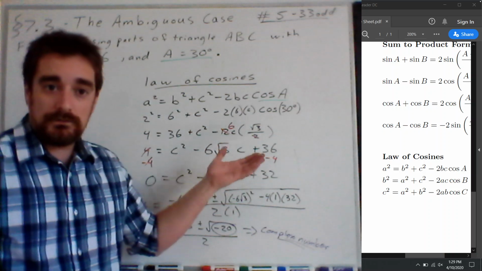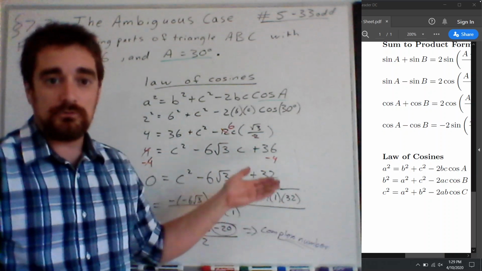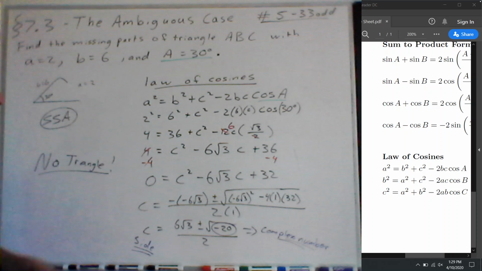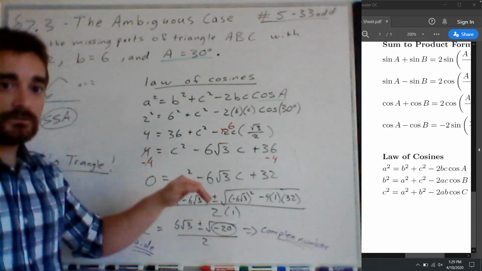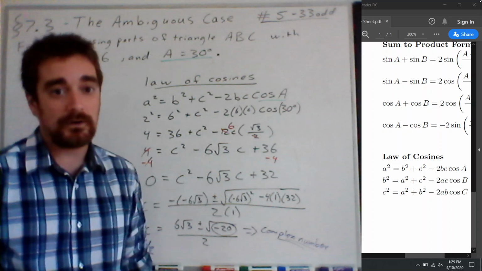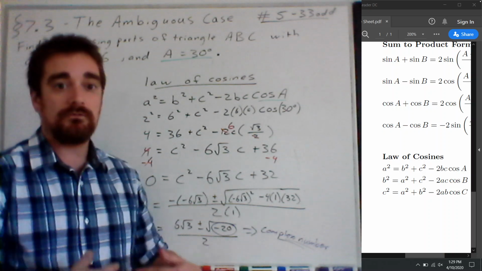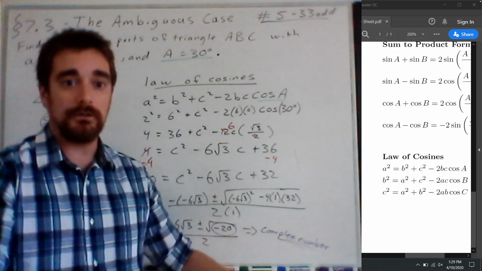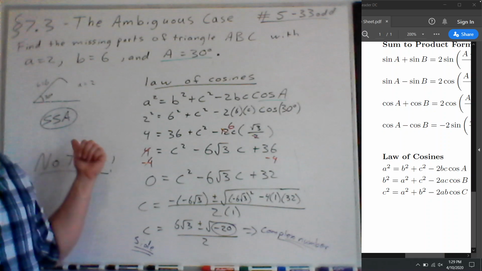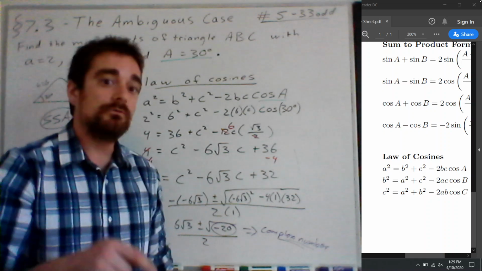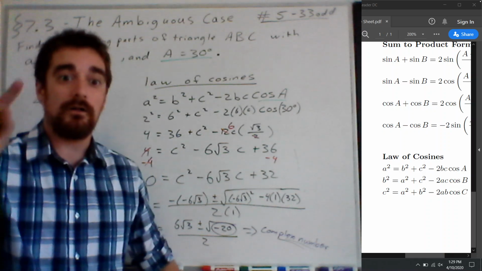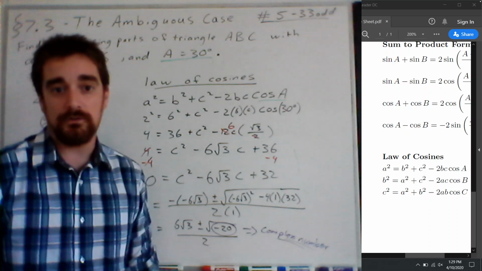It's only in this section where they start introducing these side-side angle triangle cases. But after this section, now everything's fair game. After this section, and even when you take Calc 1, Calc 2, Calc 3, if they give you a situation where it's a side-side angle, it's up to you to be the smart mathematician that goes, that's the one where I need to check for the ambiguous case.